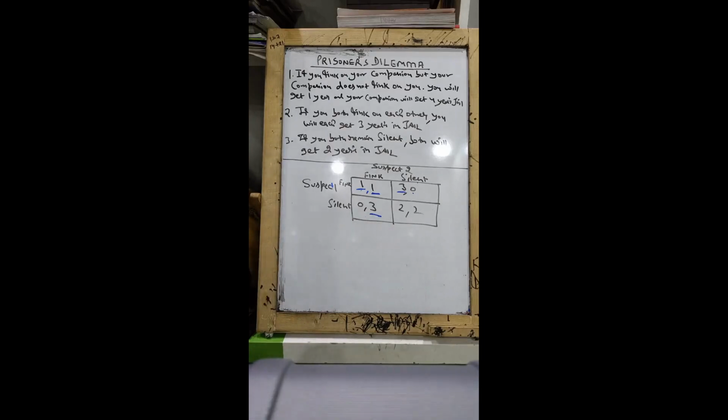So again, irrespective of what suspect 1 is doing, either thinking or remaining silent, suspect 2 is thinking. So again, this guy also has a dominant strategy. A dominant strategy is one that says irrespective of what the other guy is doing, a particular player is sticking to one particular strategy. In this case, the strategies are either to think or to remain silent.